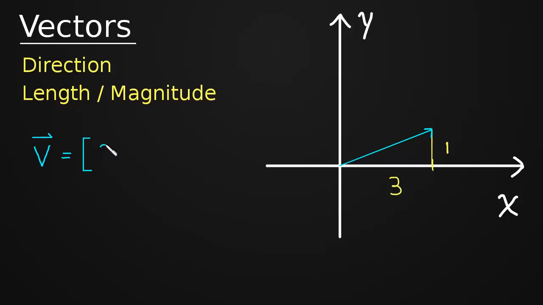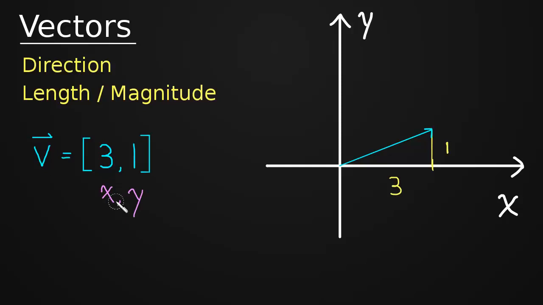It's equal to its x component, which is 3, how much it moves over in x, and its y component, which is 1, which is how much it moves up in y. So again, this is the x component and the y component.